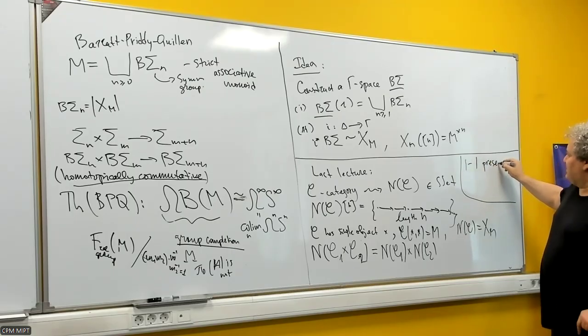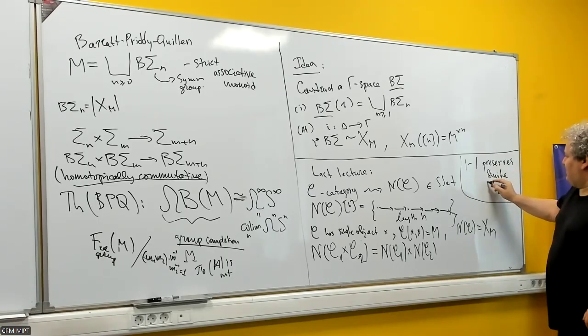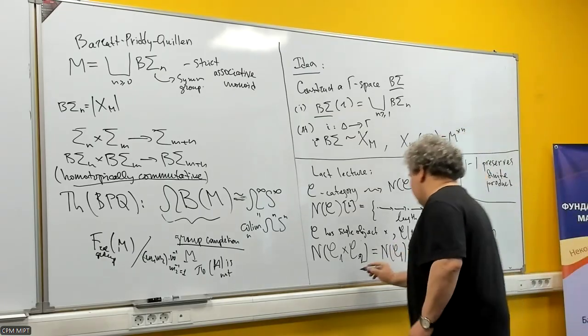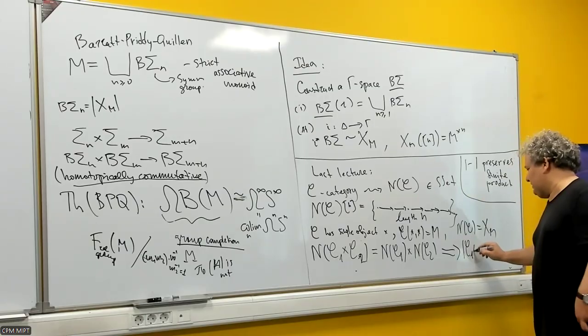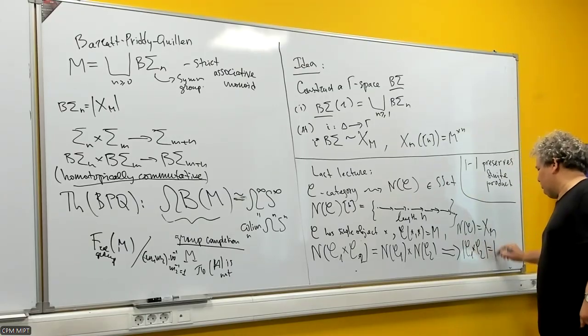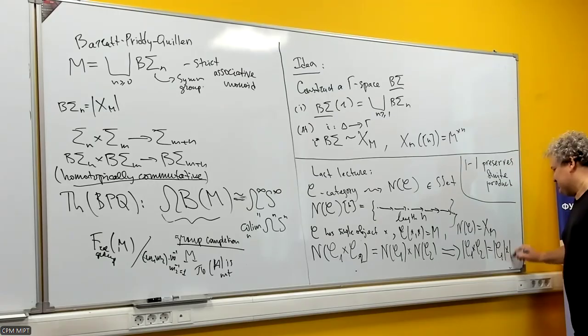It preserves finite products, and finite limits, actually. So the conclusion from this statement is that the realization of C1 times C2 is the product of realizations as topological spaces.